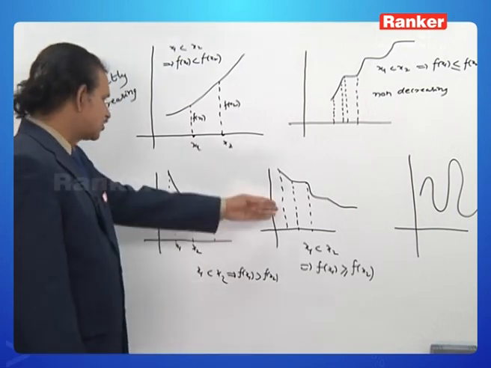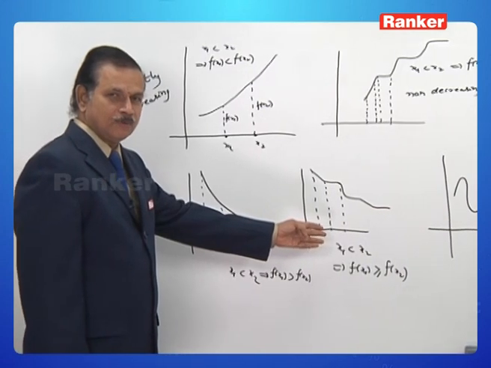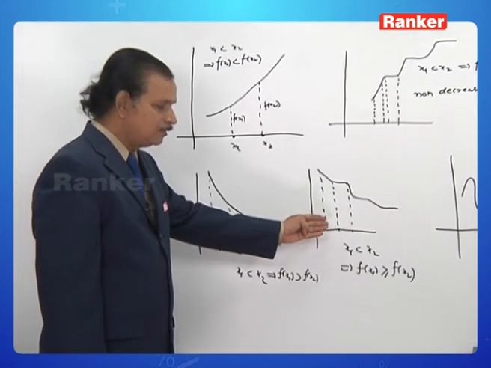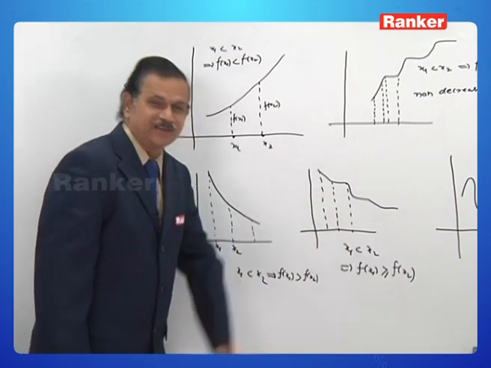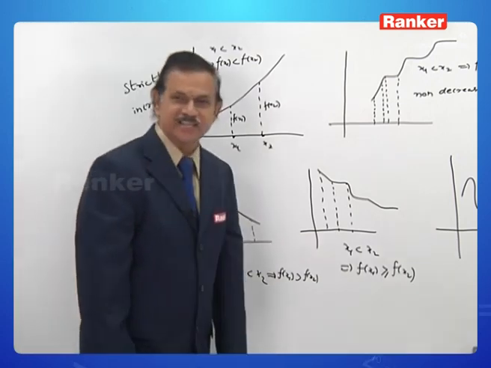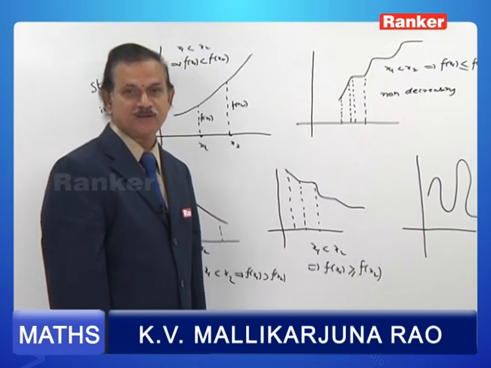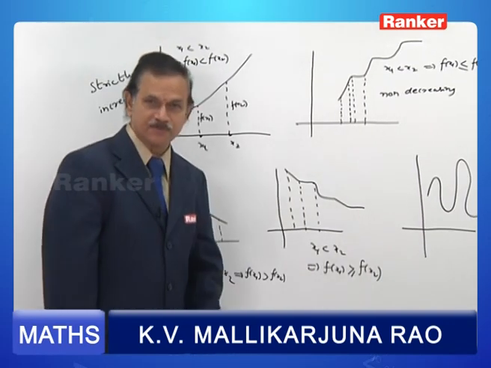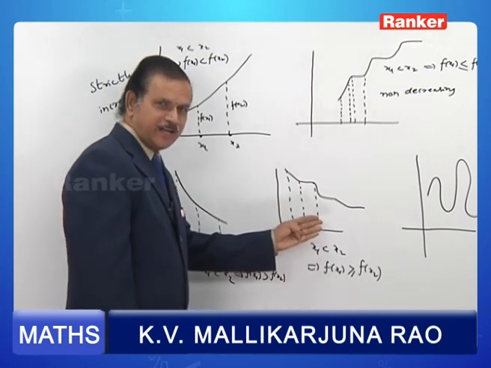In this case, we say that it is monotonically increasing or decreasing? Non-increasing. Why are you not able to say that it is perfectly decreasing? Somewhere else it is becoming stationary. Somewhere else f of x1 equal to f of x2 might happen. That is why it is non-increasing.